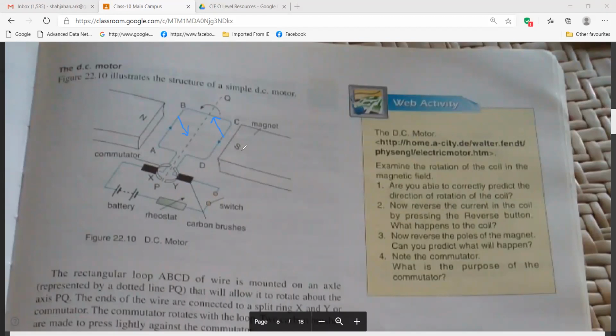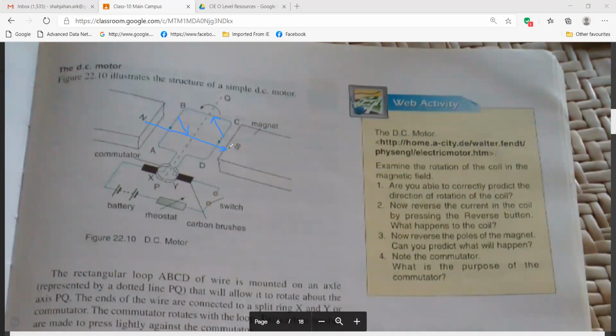So north to south, it is our magnetic field direction. Can you draw this arrow in your copy? So this one is showing you the index finger, north to south. Can you fix your index finger like this?